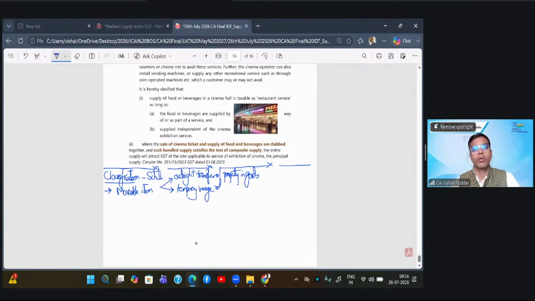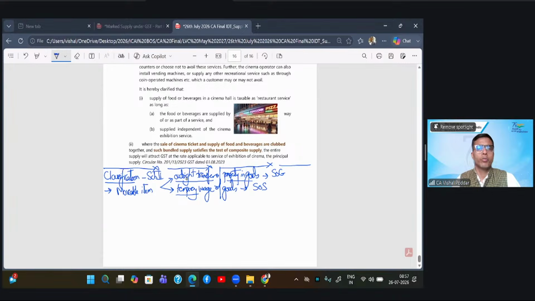Where your transaction is such that you have outrightly transferred the property in goods, like you have sold the goods, it will be supply of goods. But where you have given the goods for a temporary usage, like on rent or on lease, but the entire property in goods is not transferred, it will be supply of service.